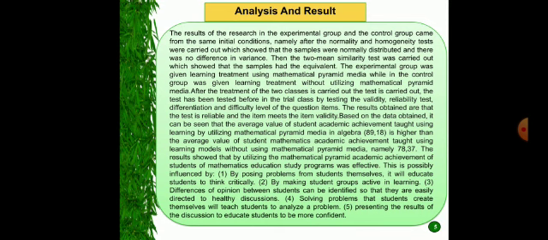Conclusion. Based on the results of the study, it was found that the pre-test mean score of the experimental class was 64.82, with the highest value being 82 and the lowest score being 46.